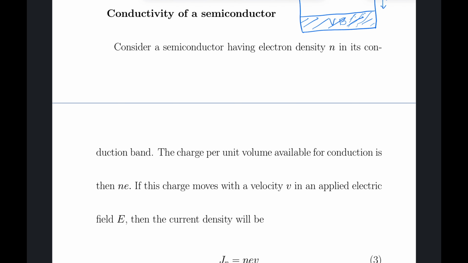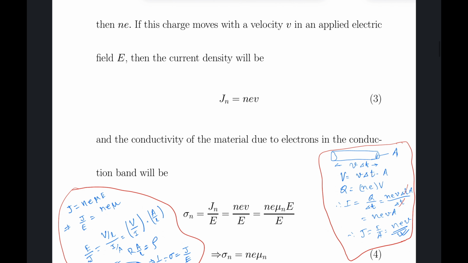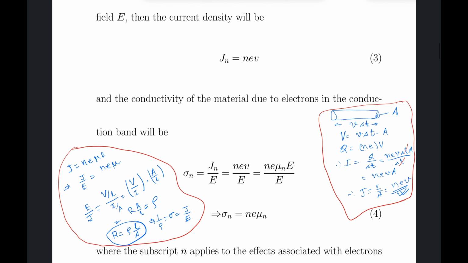Okay? So see, assume that we have a cylinder of this area A. v is the velocity of the electron when an electric field is applied. So in time delta t, the electrons will cover a distance v into delta t.